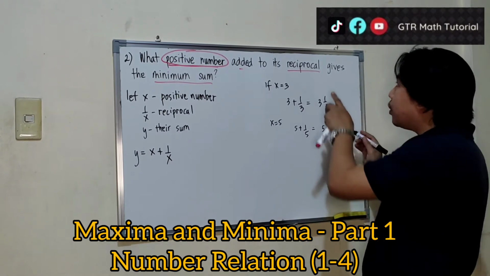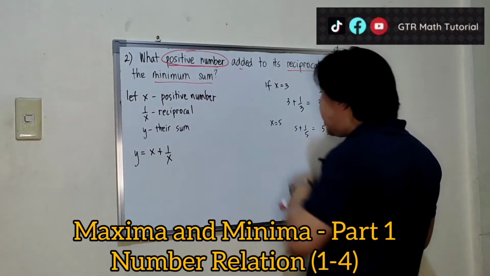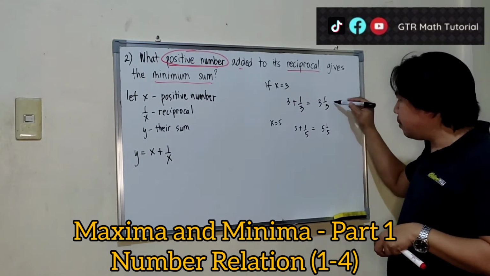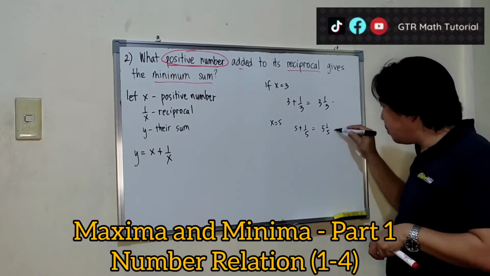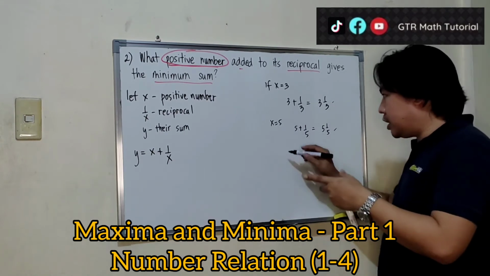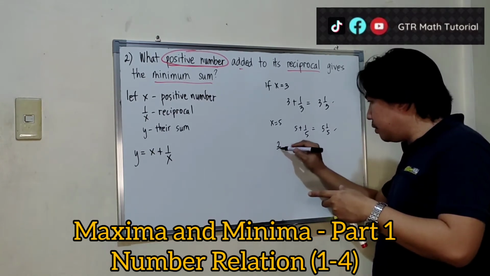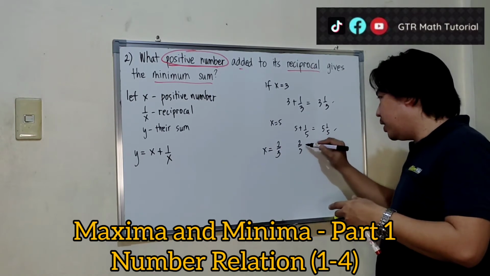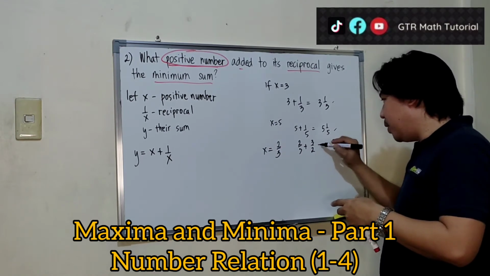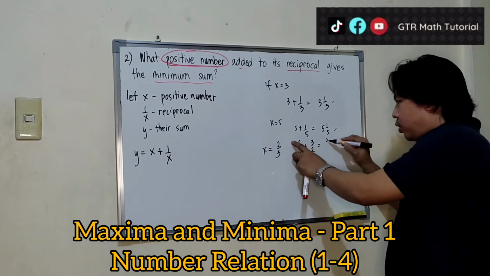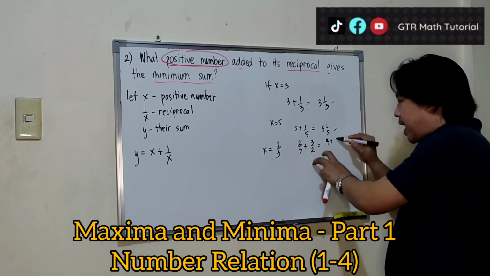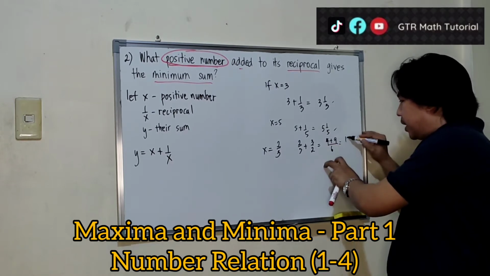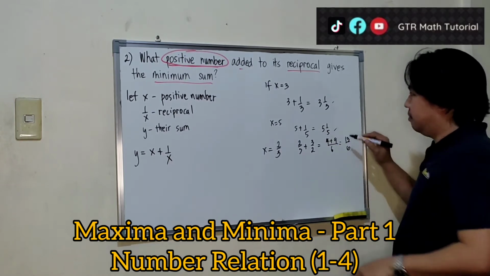Let's try 2/3. When x is 2/3, we have 2/3 plus the reciprocal, 3 over 2. So we have 4 plus 9 over 6, which is 13 over 6.